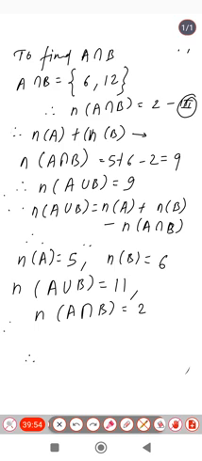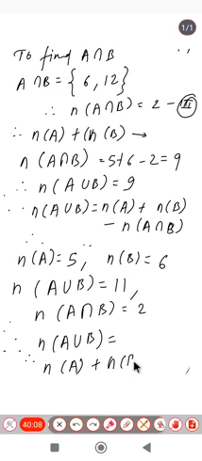It should be 2. So we got this formula: n(A union B) equals n(A) plus n(B) minus n(A intersection B). So in this way you can understand this.